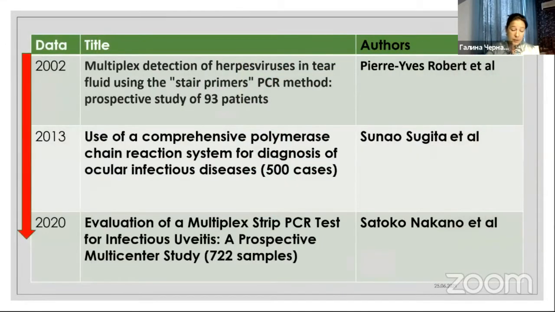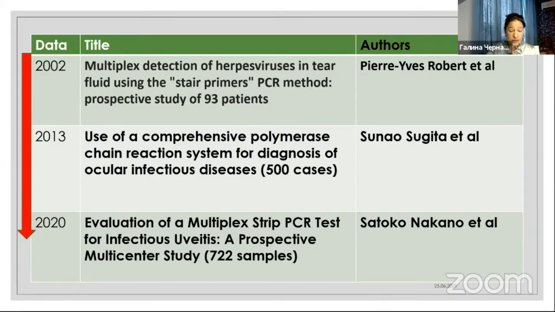No doubt, polymerase chain reaction, PCR, is a precise and useful tool for herpetic keratitis diagnostics. In modern world practice, herpes viruses are detected either in tear fluid or in corneal scrapes in cases of presumed herpetic keratitis, and in anterior chamber fluid or even in vitreous in cases of herpetic uveitis or, for example, acute retinal necrosis.